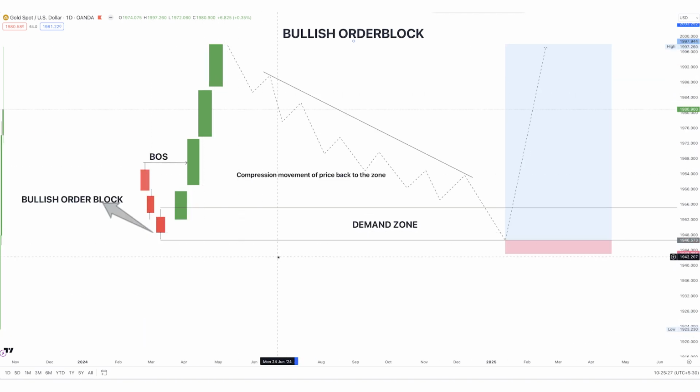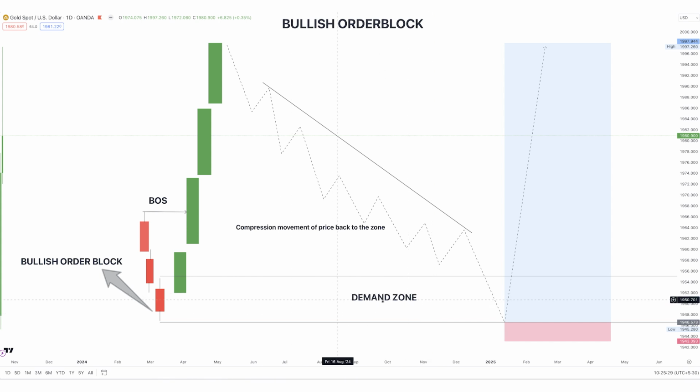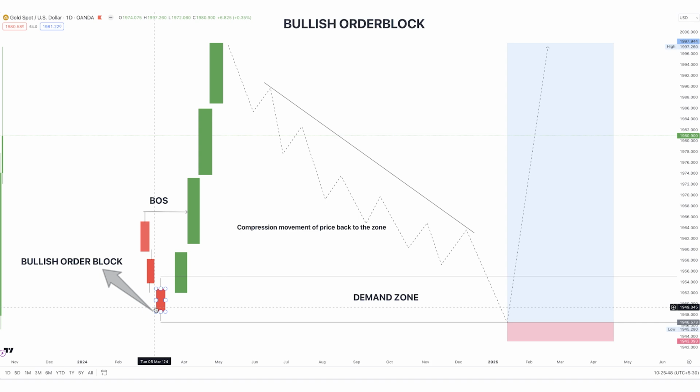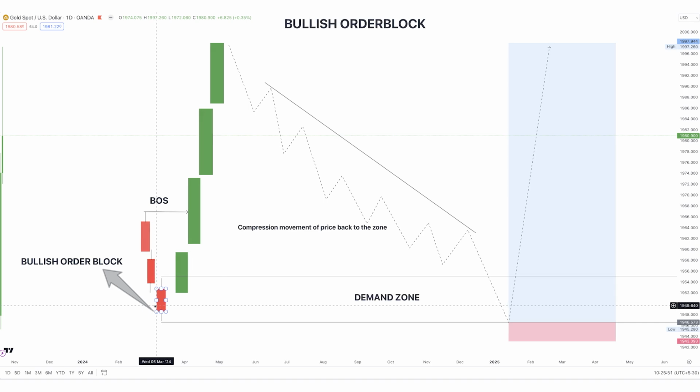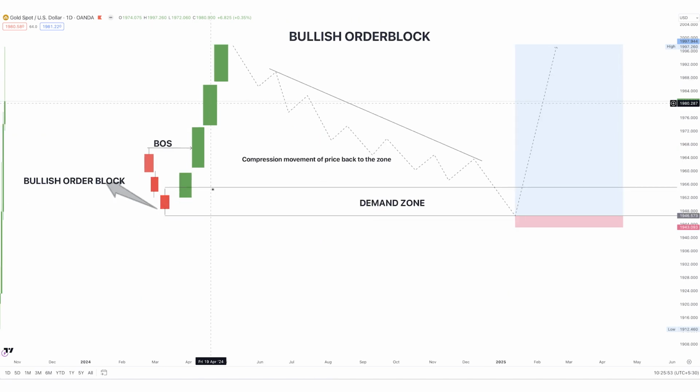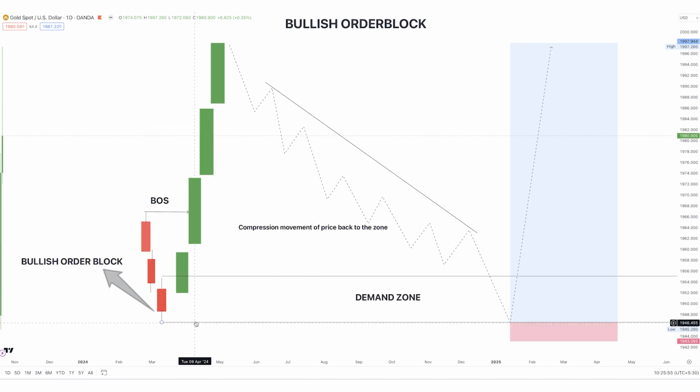A lot of people term this area as the order block, but the order block itself is the last candle that was formed before an explosive move that has broken a structure. So in a bullish order block, the last sell candle that was formed before the explosive move to the upside is what we term the bullish order block.